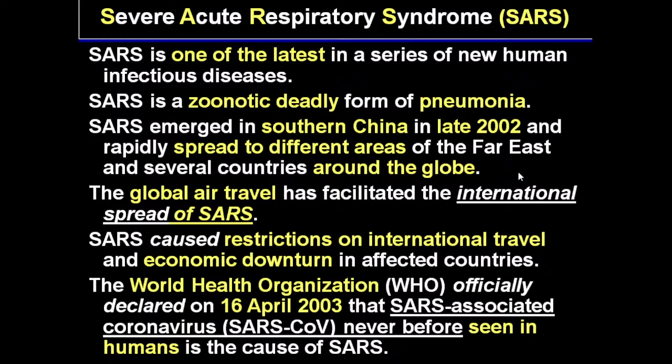It spread through global air travel, which facilitated very much the transcontinental spreading of the new virus. It was also stopped because of the measures performed in the airports to stop the spreading of the virus.